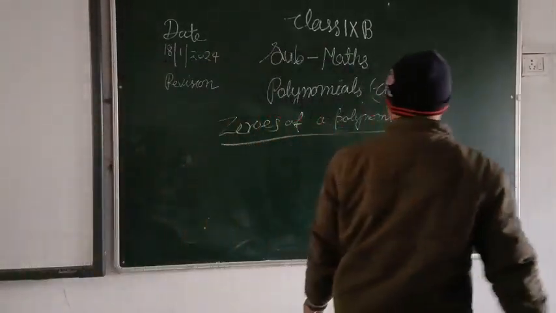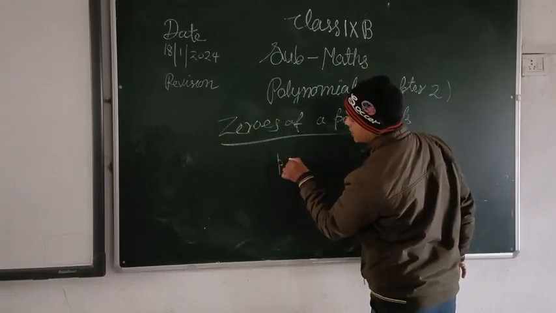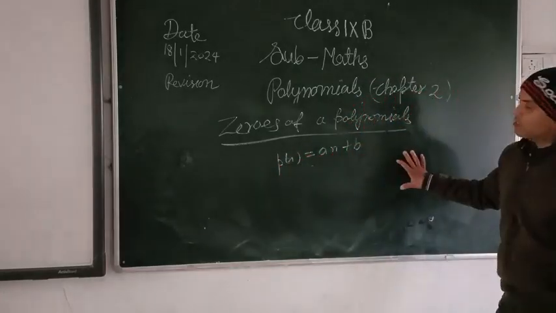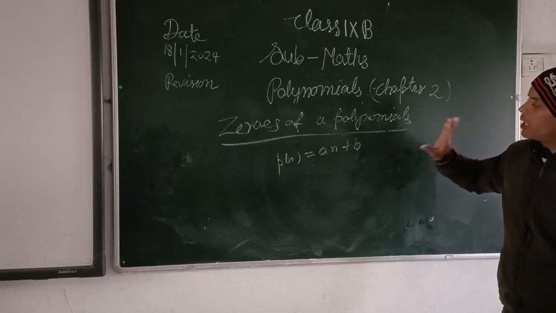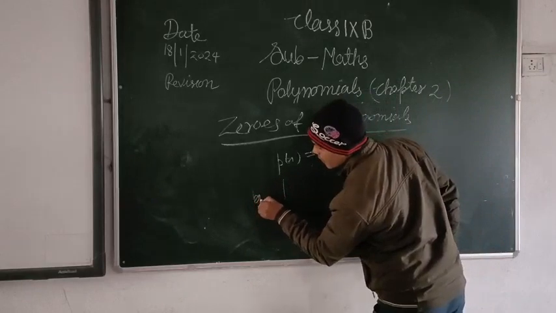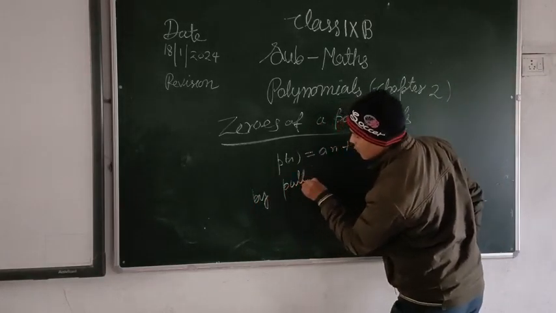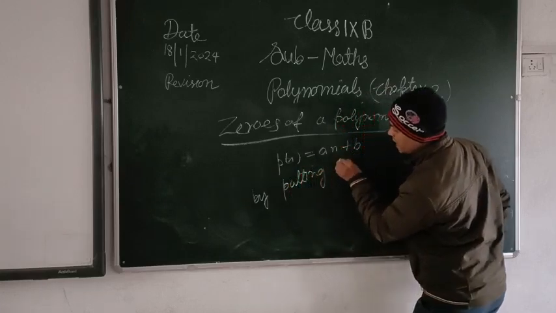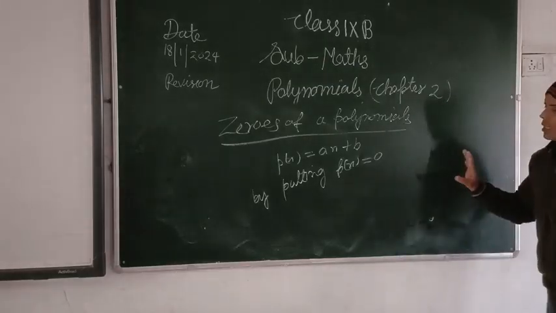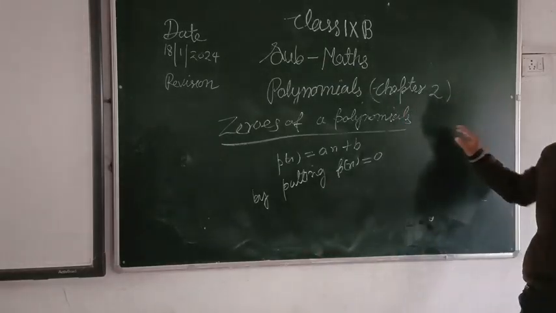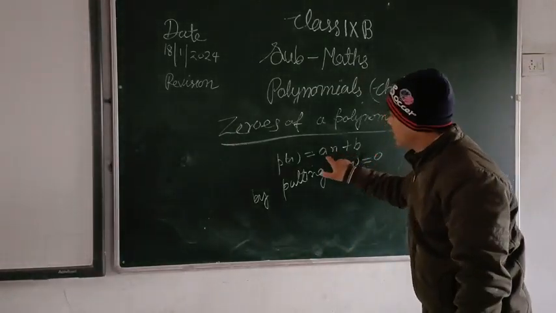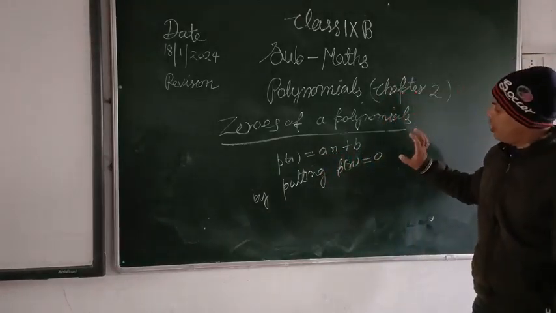So suppose we have a polynomial p(x) equal to ax plus b. So how are we going to find the zeros? By putting p(x) equal to 0. By putting p(x) equal to 0, what will be the value of x? That will be the zeros of the polynomial.